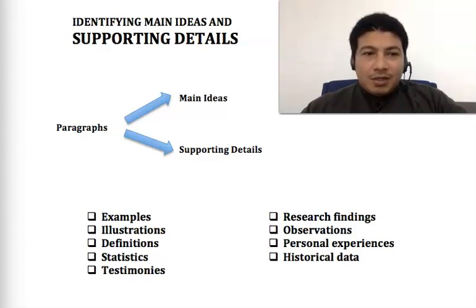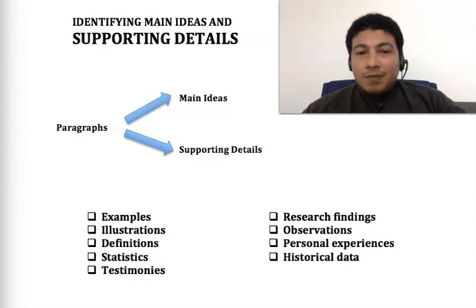Research findings, so it is basically a finding of a research that you get from a journal article. Normally with research findings, you have keywords such as this study tells us that, the research finding of this study implicates that, or you can also name the researcher of the research.